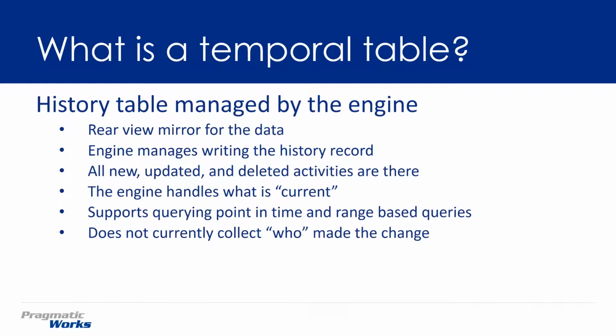You can turn on temporal table functionality without impacting your current environment, because it writes the changes to another table, but as far as the users or applications consuming the data, they're still focused on current, so you're good to go.